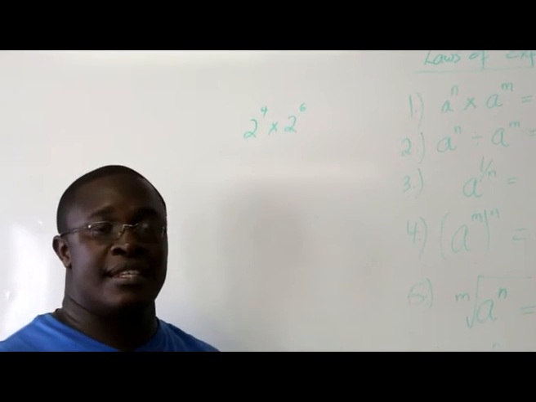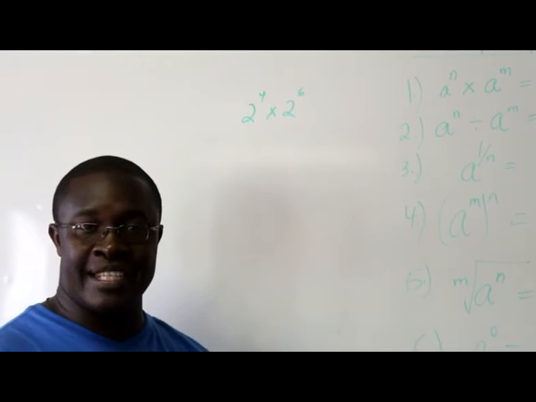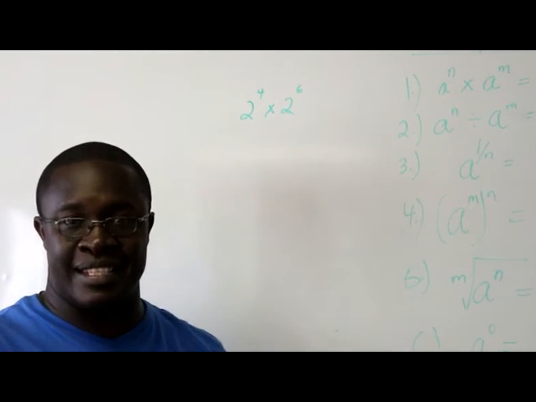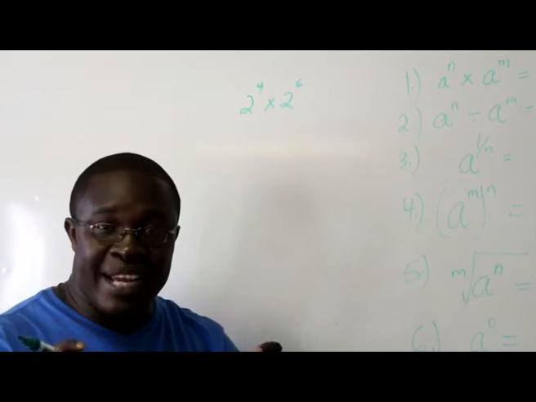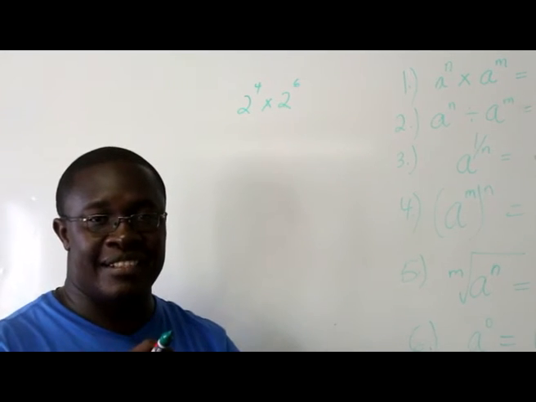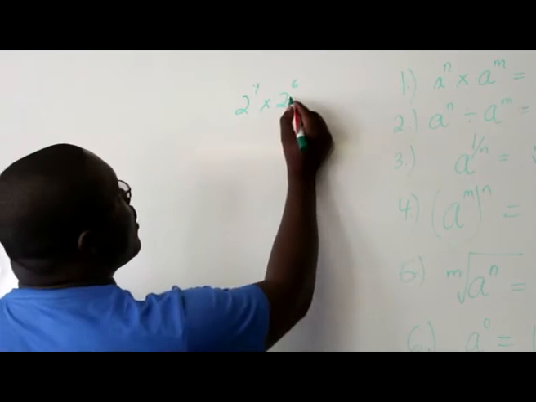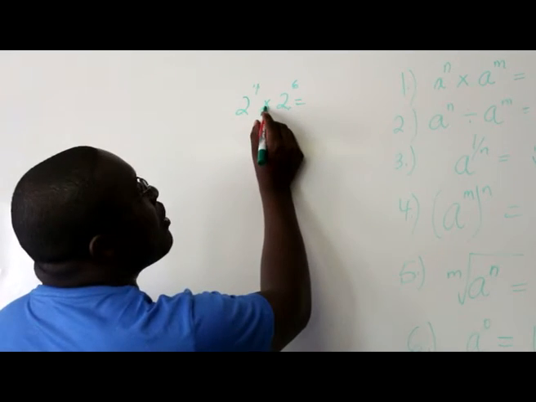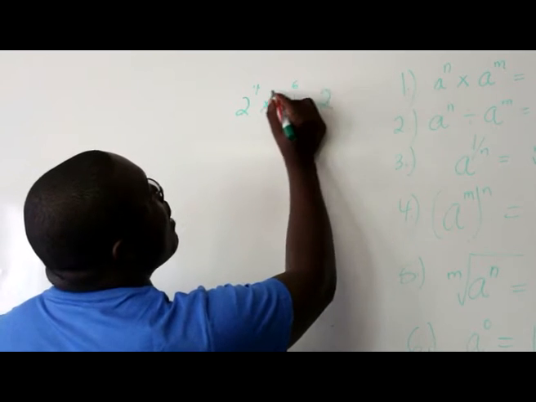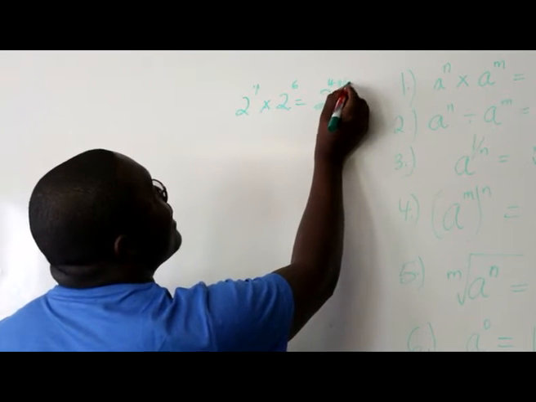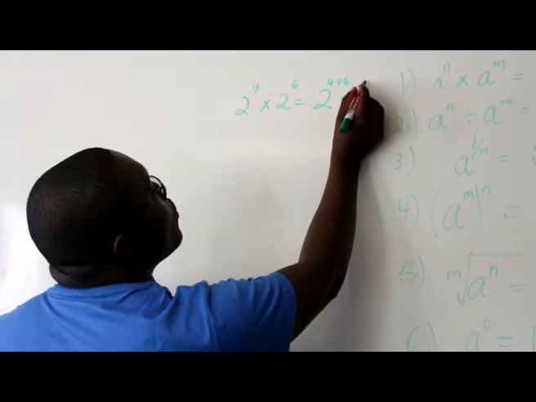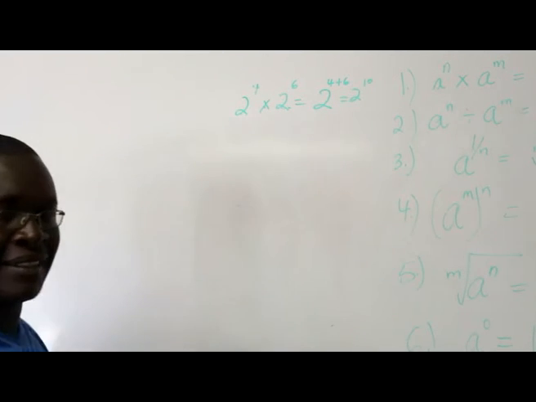Same base, multiplication implies you add the exponents. So it's going to be 2 to the power of 4 plus 6, which will give you 2 to the power of 10.